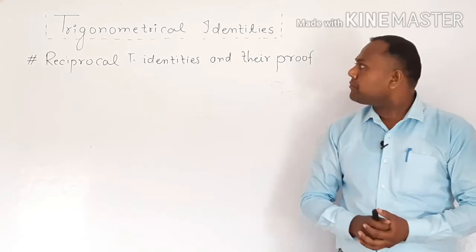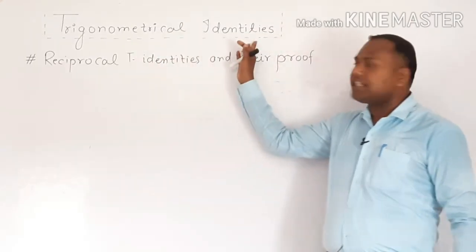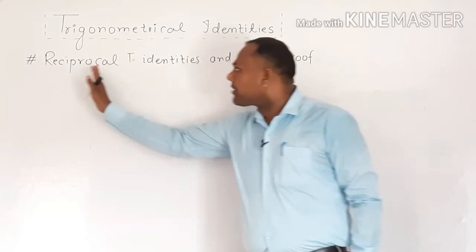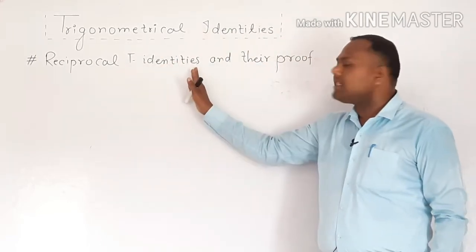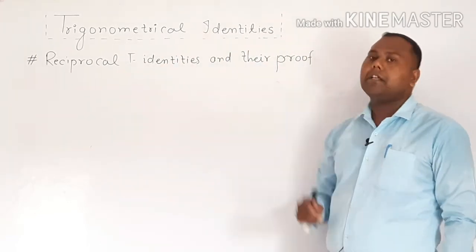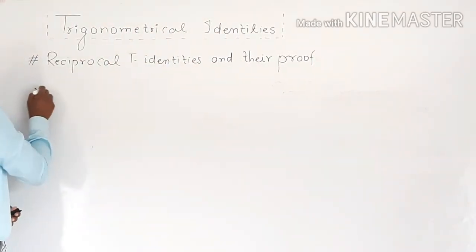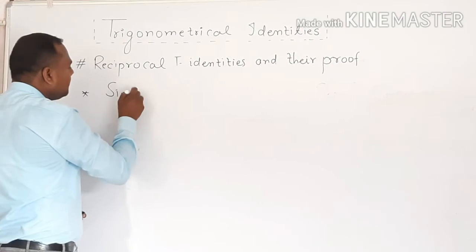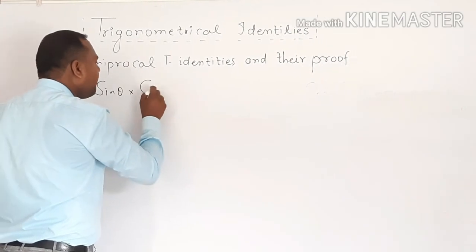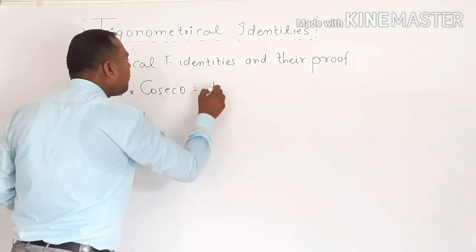I am going to talk about once again trigonometrical identities, and the topic is reciprocal trigonometrical identities and their proof. We have already studied in the previous lecture that sine of theta cross cosec of theta will be equal to 1.